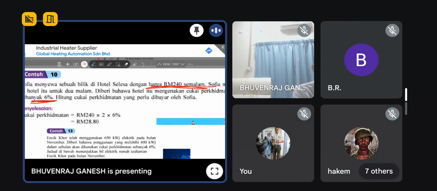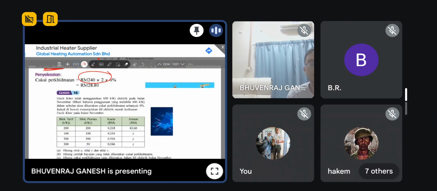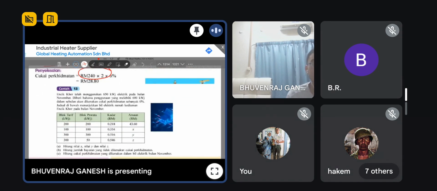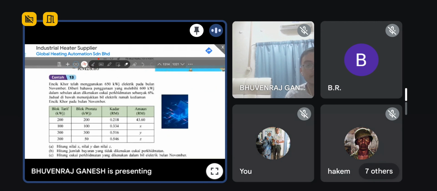But also take note, if the statement says 1 night, and they say 2 nights, you need to times by 2. Don't be careless over here. That's the only thing. Can you understand all the types of tax? These are all the calculations. That's all. I don't think it's that hard.